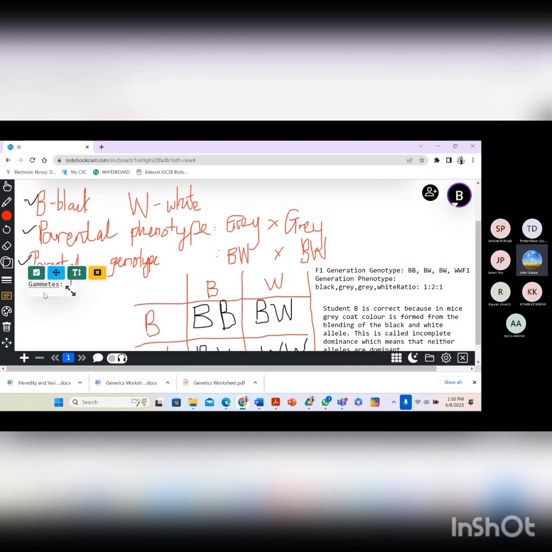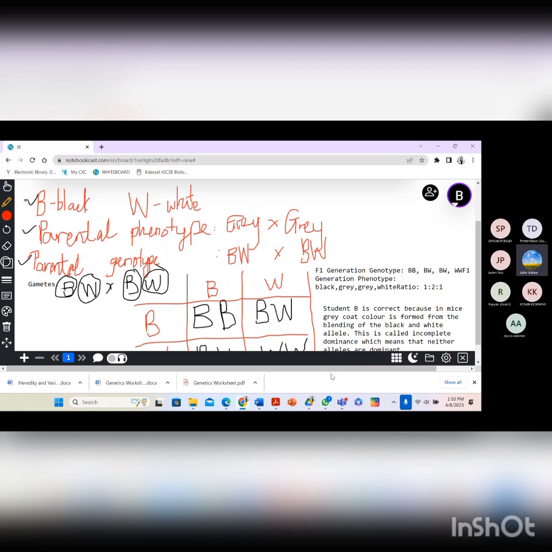In this question it was BW, so I'll put gametes, and then to illustrate gametes, you put back the symbol BW for the parents, but you circle the allele. You circle B and you circle W, and you do it for both of them. This is to illustrate the gametes.